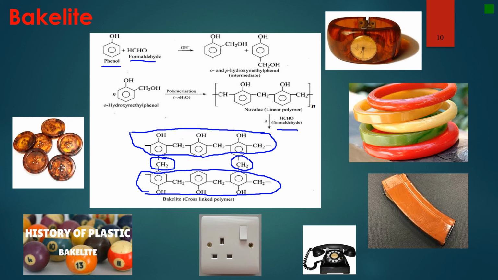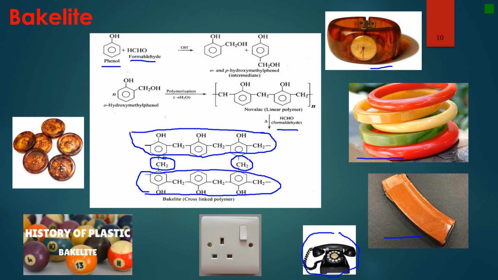That's the reason why Bakelite is used to make, this is a watch, for example, but you have these bracelets. We also have gun magazines. We have a telephone cover.